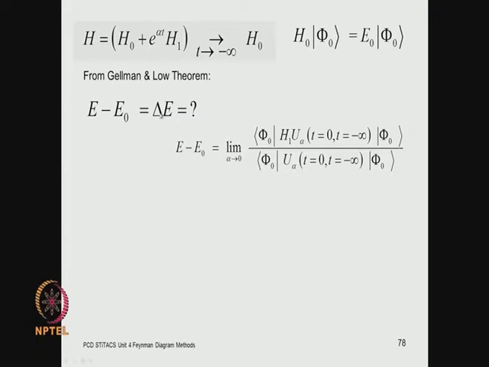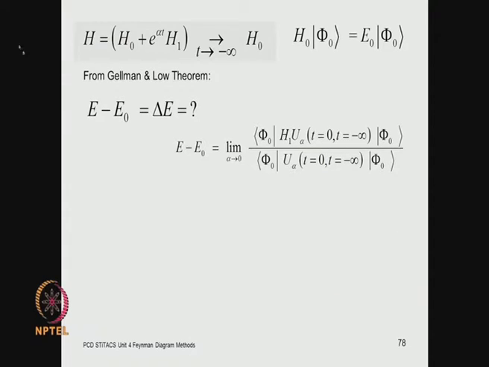So, we discussed some aspects of this theorem, and using that we showed that it tells us what the energy difference will be between the eigenvalue of the full Hamiltonian and the eigenvalue of the unperturbed Hamiltonian. So, there is a certain energy difference, and using the Gell-Mann Low theorem we showed that this energy difference is the correction which we get. Okay?